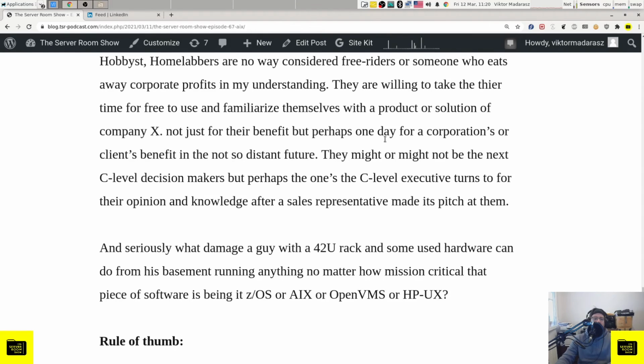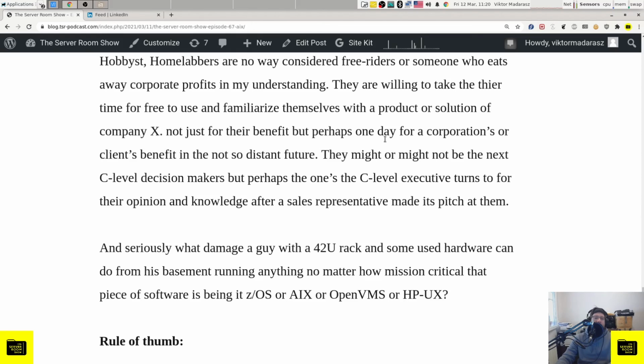In my understanding, these people are willing to take their time and give it for free to use and familiarize themselves with your company's product or solution, and not just for their own benefit, but perhaps one day for a corporation's or a client's benefit in the not so distant future.